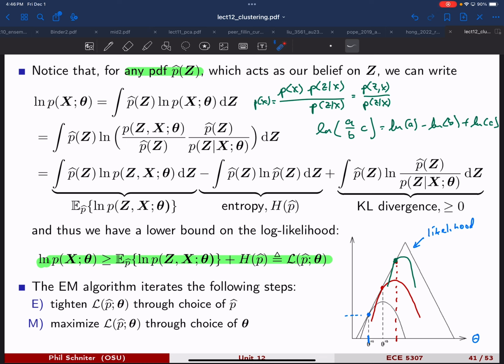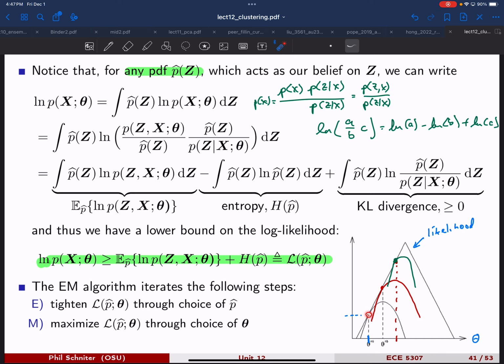Okay, so it's a tight lower bound, and essentially this is an illustration of the way the EM algorithm works. In the E step, you take this lower bound and you tighten it by choosing p hat. In particular, you choose p hat, your belief on z, equal to this, and all of a sudden your lower bound is perfectly tight, at least at the parameter theta that you're at. Because notice this depends on theta.